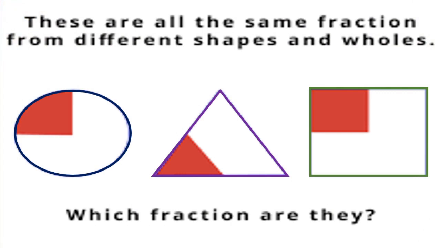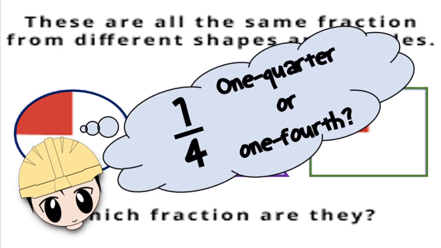See here, these are all the same fraction from different shapes and holes. Which fraction are they? Please go through. Yes, now tell me. Which fraction? Is it half or is it quarter? Yes, very good. This is 1 quarter.